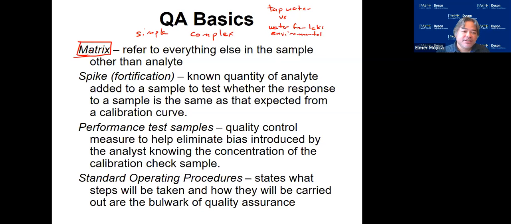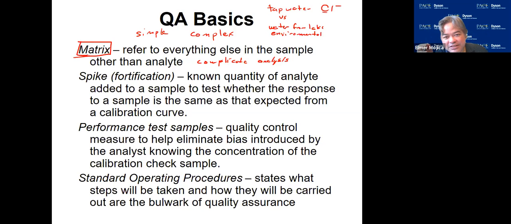And sometimes this matrix, okay, would complicate analysis. So let's say if you want to determine the chloride. In the tap water, you're going to expect that it will contain chloride. But in the environmental water, the amount of the chloride will be affected by the other species that you have there.